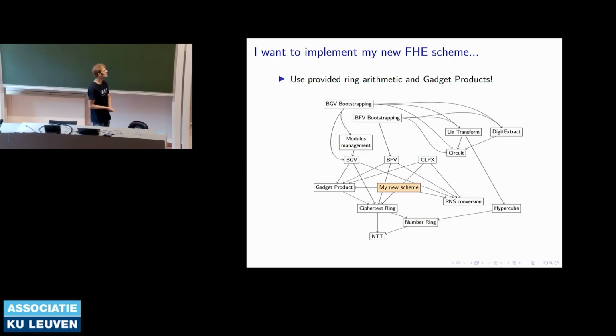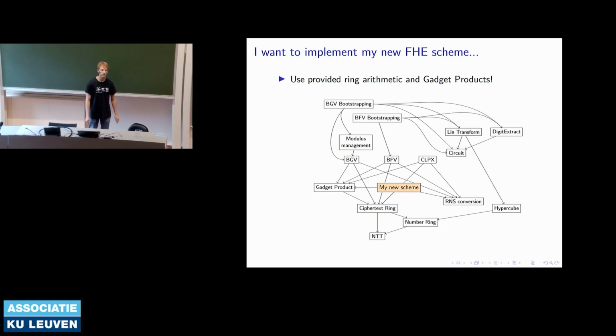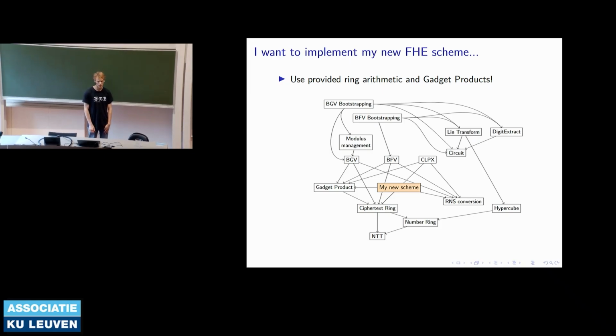This mainly consists of the gadget products, the RNS conversions, and the arithmetic in all kinds of rings that are implemented. Of course, if your scheme works completely differently from anything previous, Fheanor also won't help you. But that's not a common case, as far as I can say.